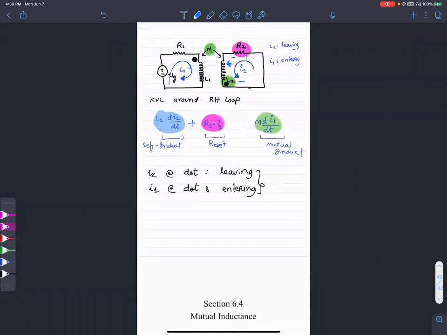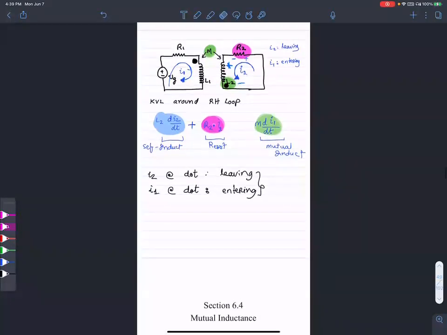So we end up with a positive here. If I2 is entering at the terminal, then positive at the other dot. So that's the sign convention, the dot convention.